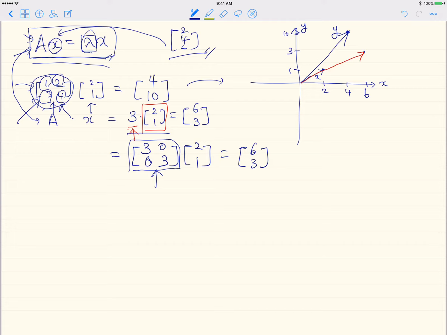In that case, the computation becomes really simple, and that computation is just an element-wise multiplication with this guy and this guy.